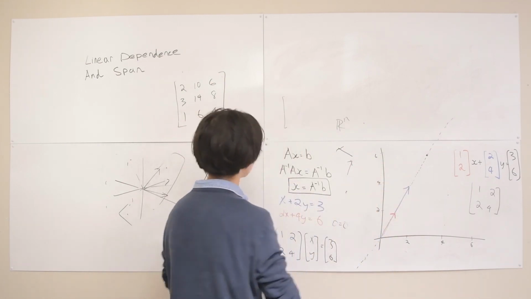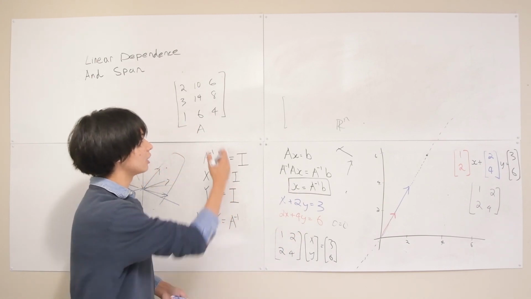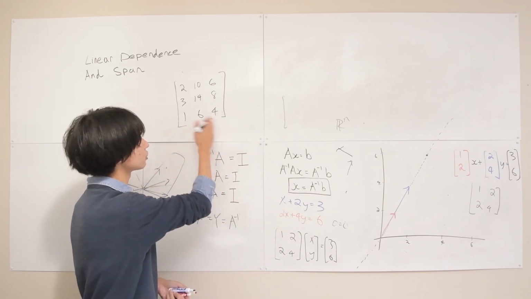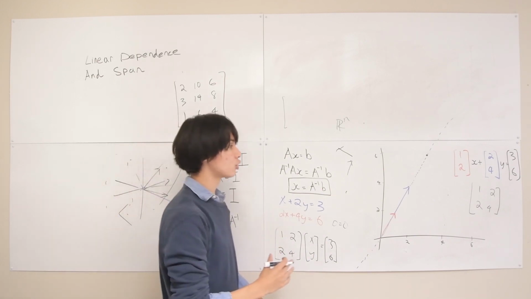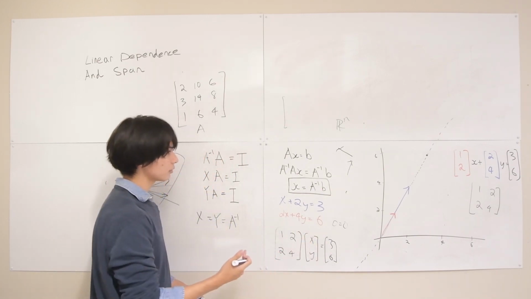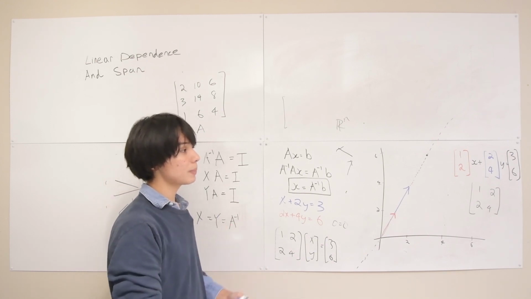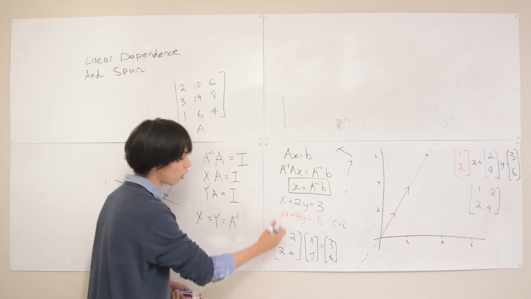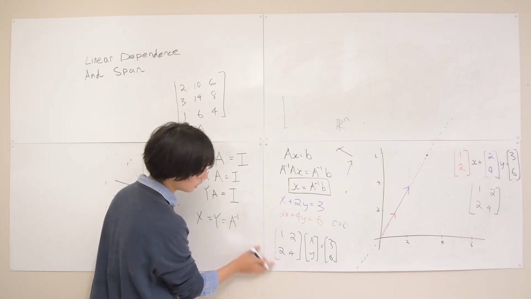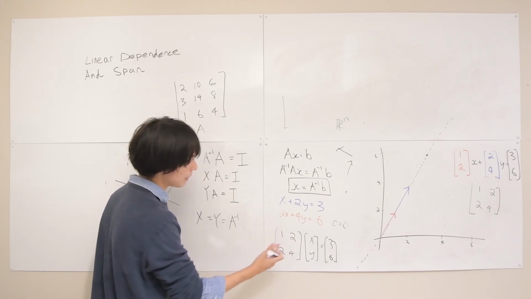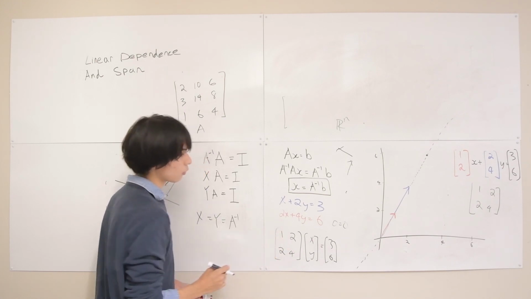And linear dependence or linear independence is if columns of your matrix are combinations of one another. And one more term that might show up is column space, which I briefly talked about. Column space is simply the span of the vectors that are the columns of your matrix A. So basically, the column space of this matrix A here is the same thing as the span of the vectors 1, 2, and 2, 4.